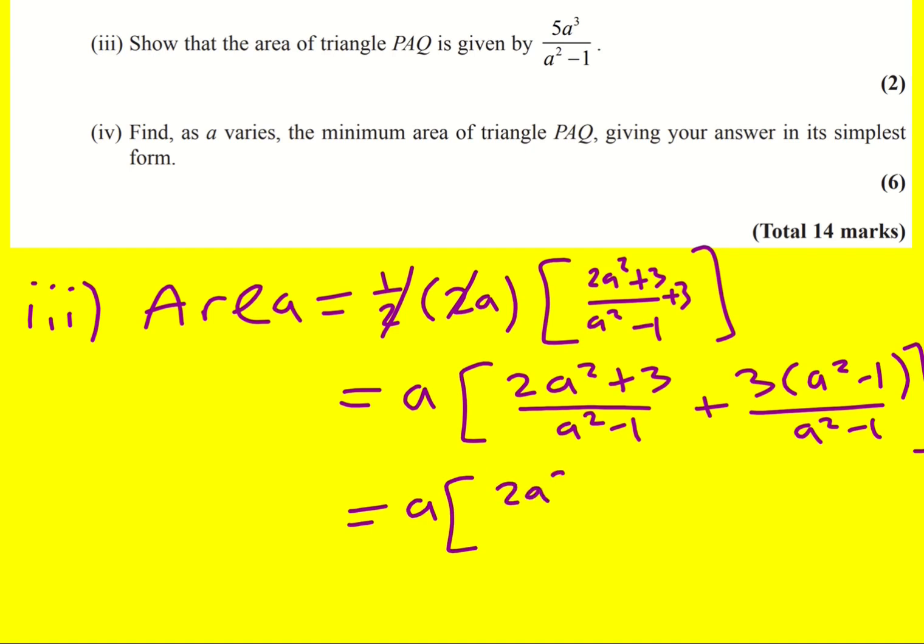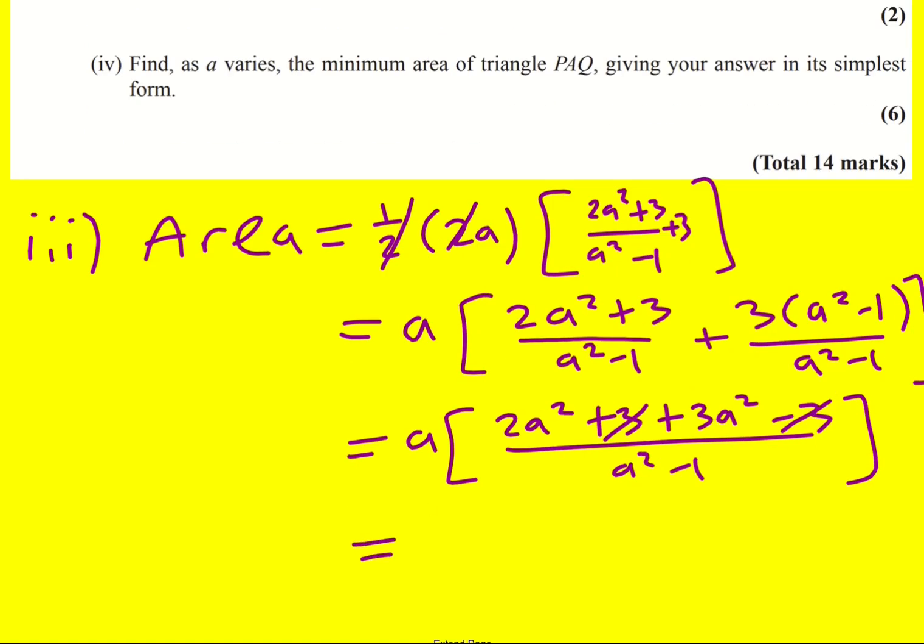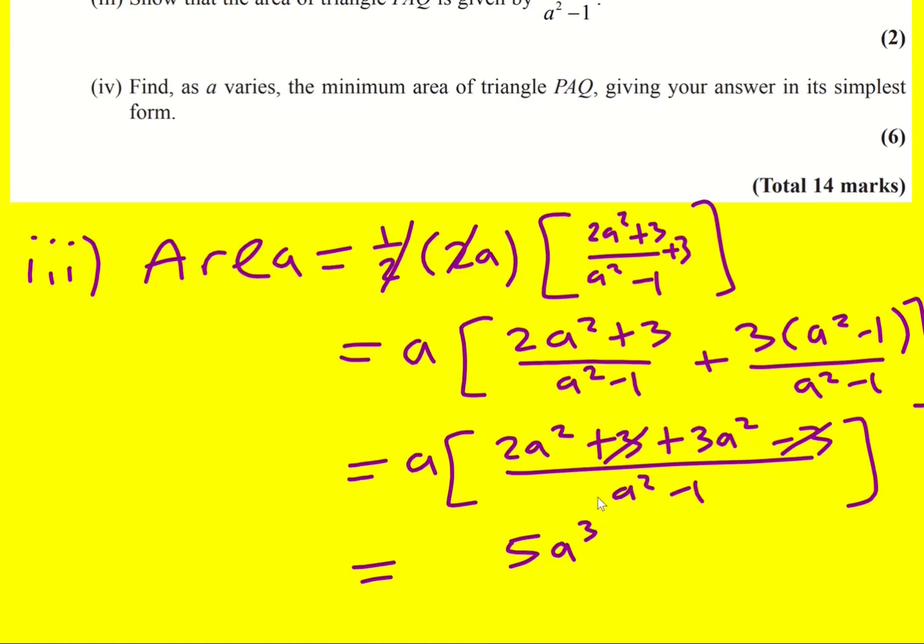That will be 2a squared plus 3 plus 3a squared minus 3. It looked quite complicated, but now we can see that these cancel. So I'm going to get 5a squared, but I'm going to times that by that a to give me 5a cubed. And then I've got my a squared minus 1 there as well. Good job.